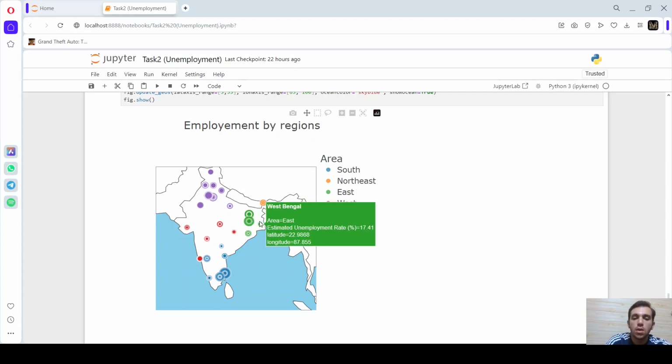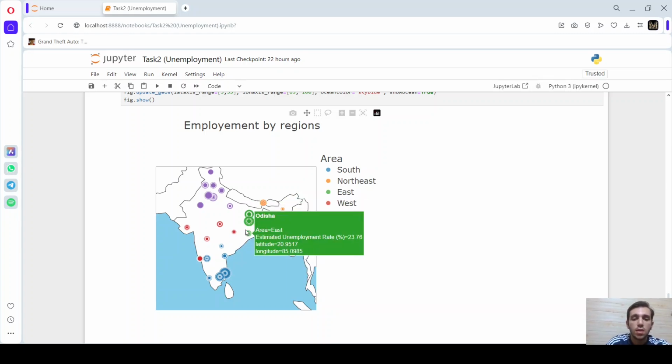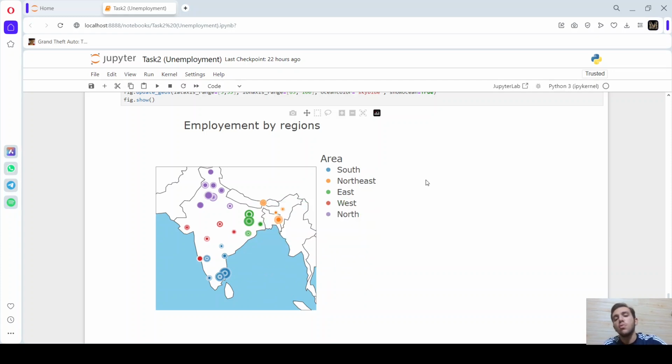And I've shown the mean unemployment rate in the north, west, and the different areas in our dataset. So as we can see, the north and here the west got some high unemployment rate, and also here in the south.